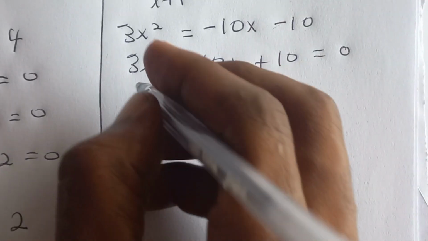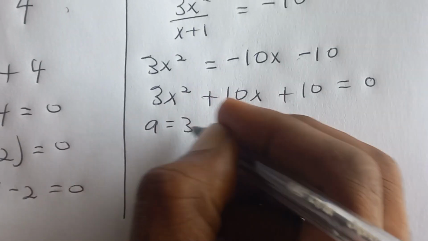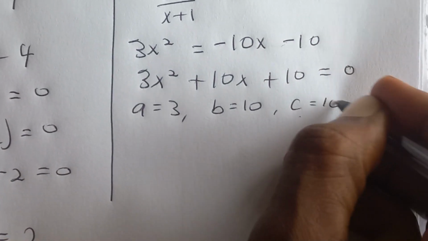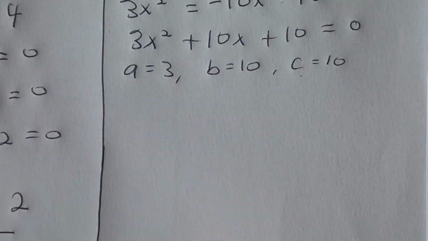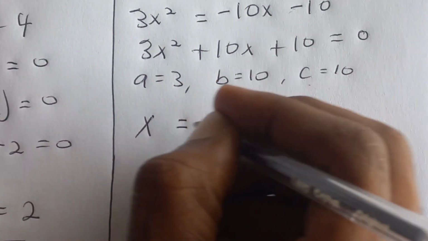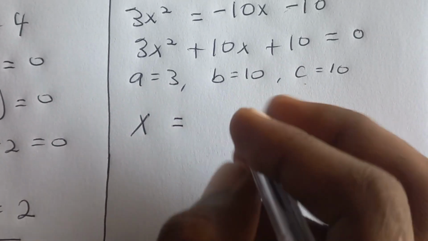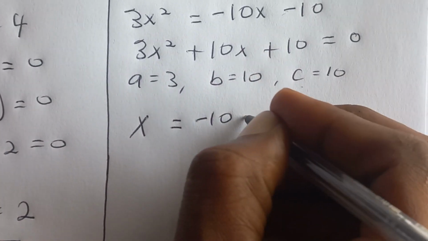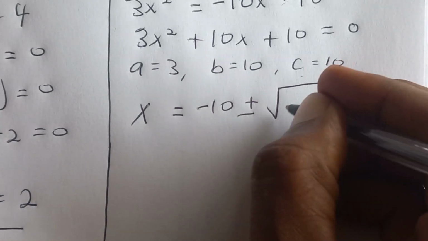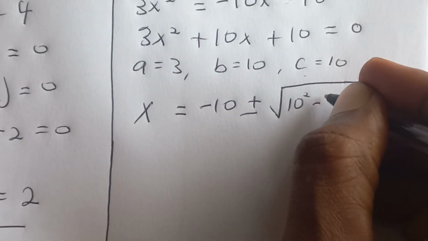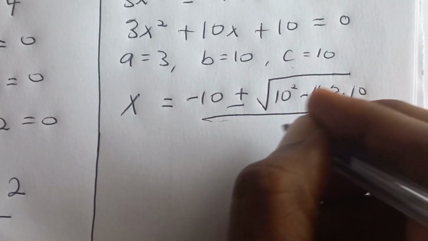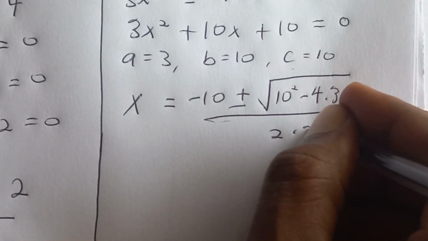So with this, our A is 3, B is 10, and our C is 10. So we are going to use the quadratic formula, so now you have negative 10 plus or minus root of 10 squared minus 4 multiplied by 3 multiplied by 10, all over 2 multiplied by 3.